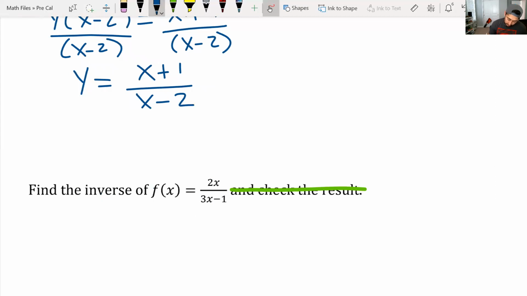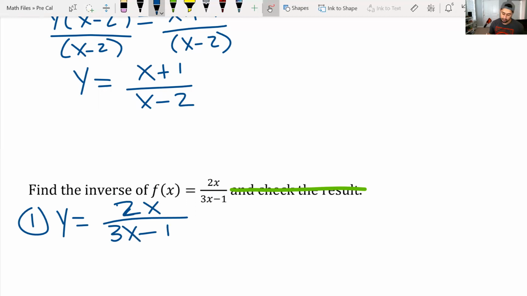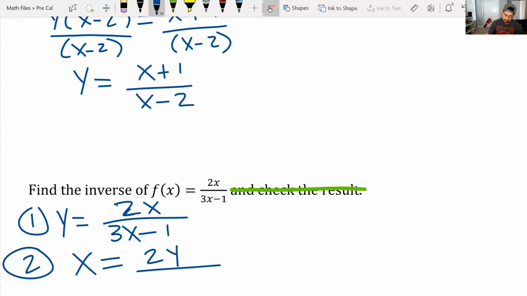Okay. So first step, y equals 2x over 3x minus 1. That's step 1. Step 2, interchange. x equals 2y over 3y minus 1.